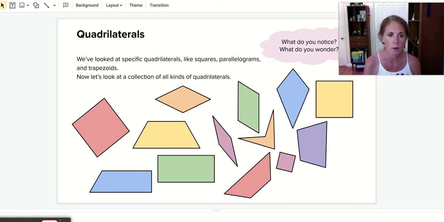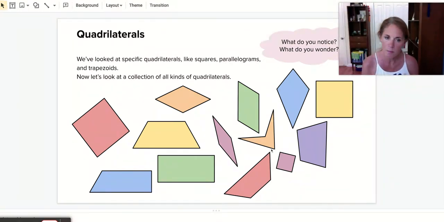You see any other squares? I see a couple more. Let's see, what's this shape? I think, you're right, it's just a quadrilateral. This one too. It's not a square. It's not a rectangle.